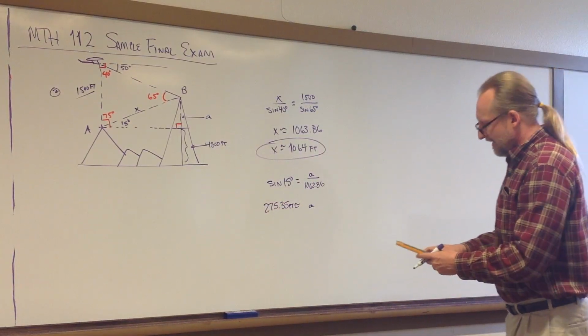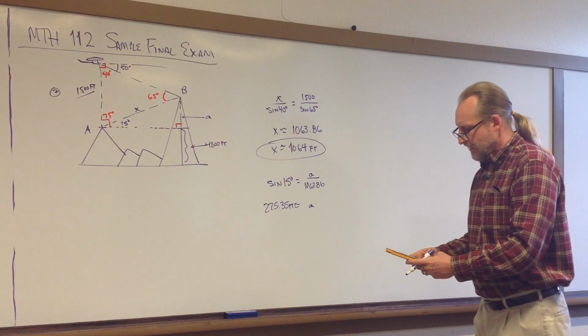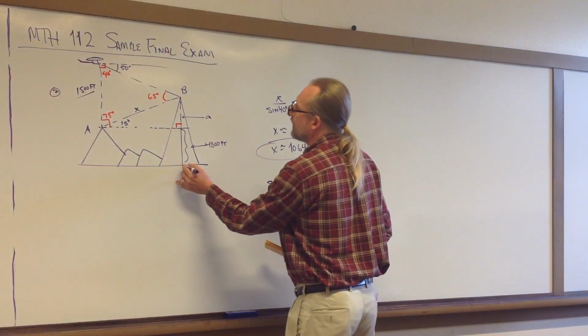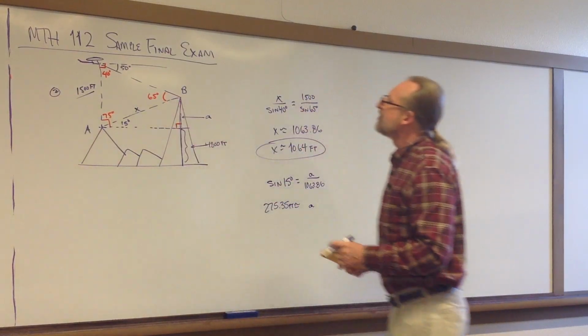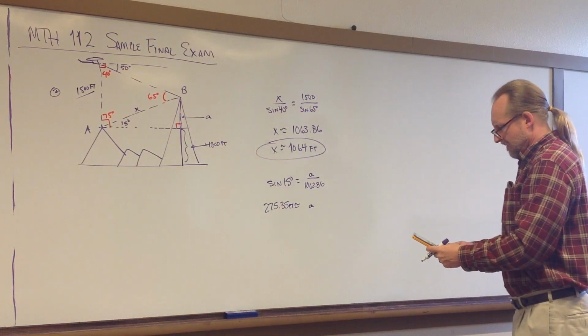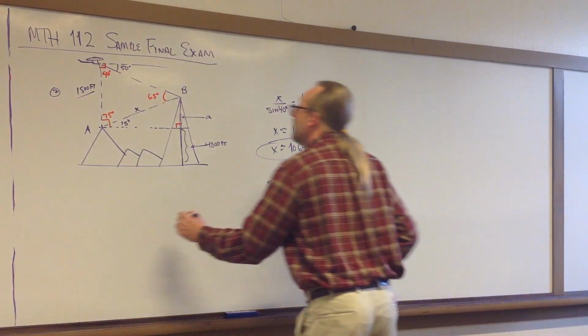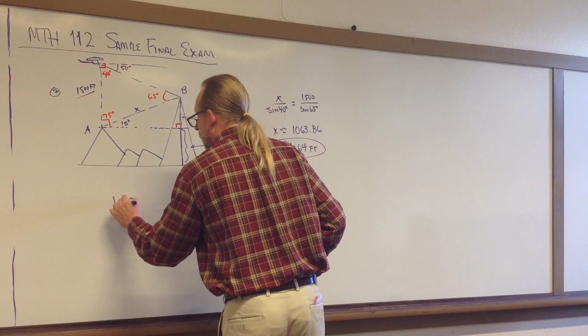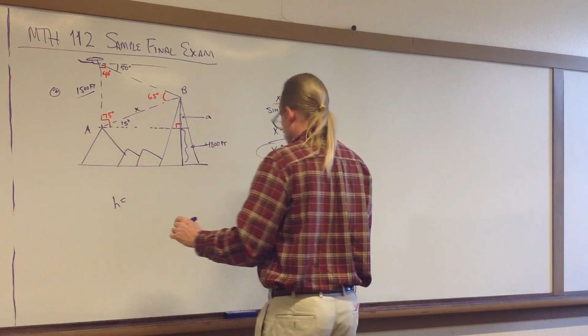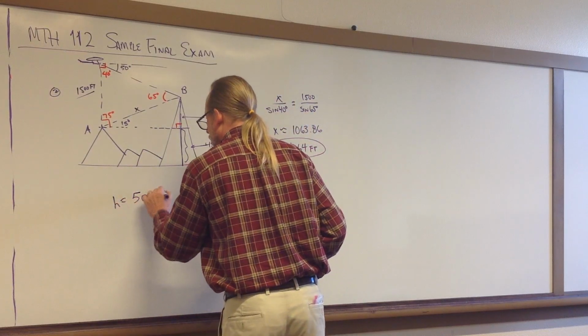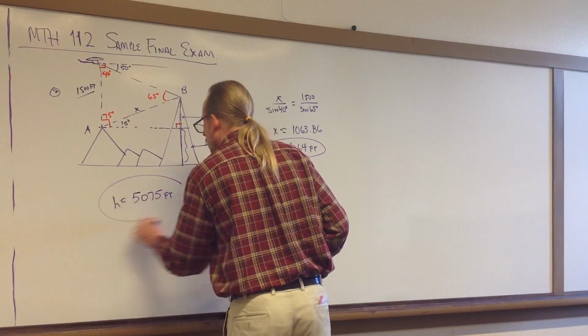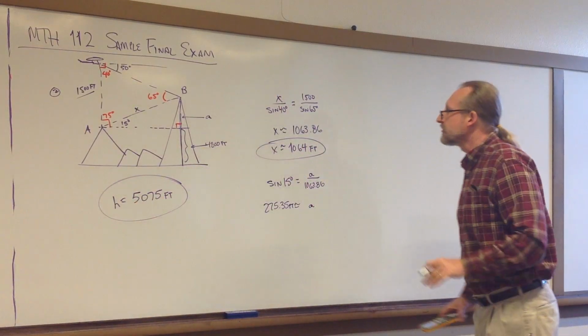And so we can add that to the 4,800, right? So that we get the full height of B. And that gives us, what is that? 5,075 to the nearest whole foot. Okay, and that's the point where you should round off.